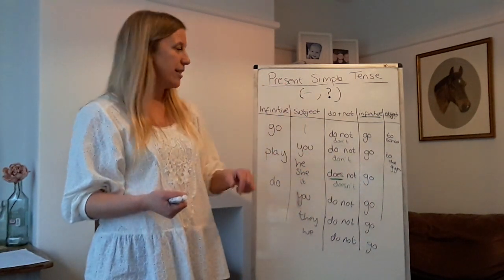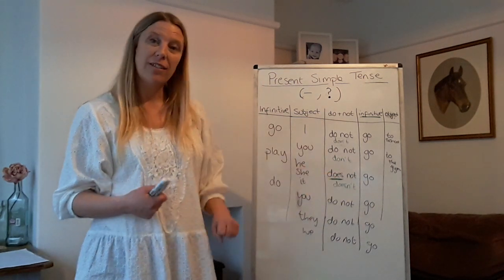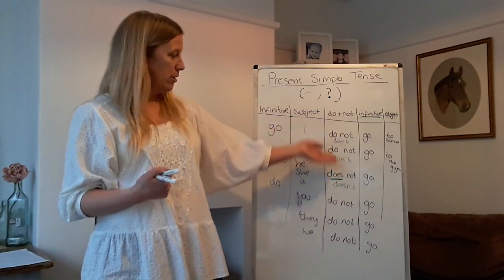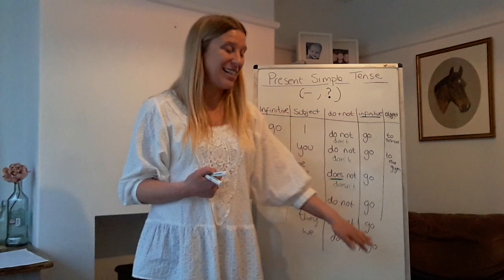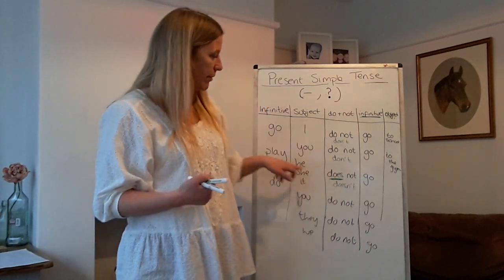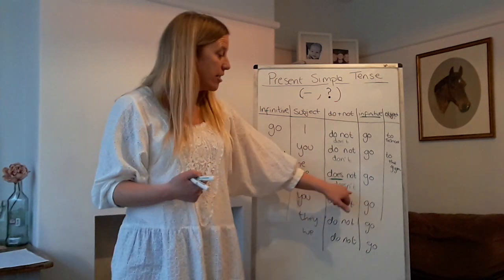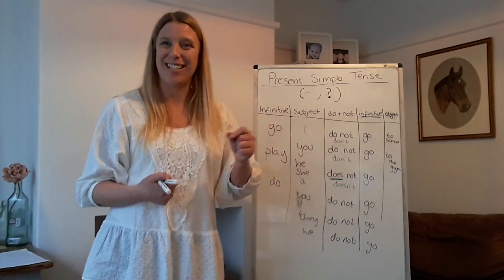We shorten it. He, she, it does not. Okay, so we add the es, but we add it to do. The verb that we're using stays as the infinitive. He does not go to the gym. He doesn't. Okay, we shorten does not to doesn't.